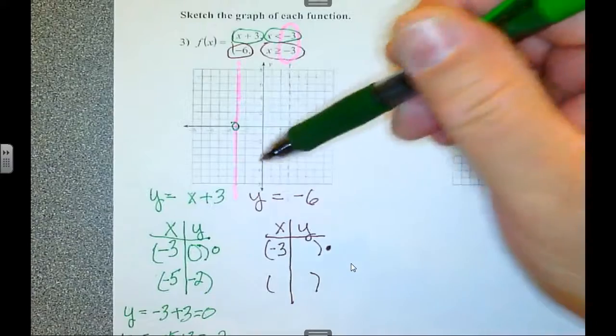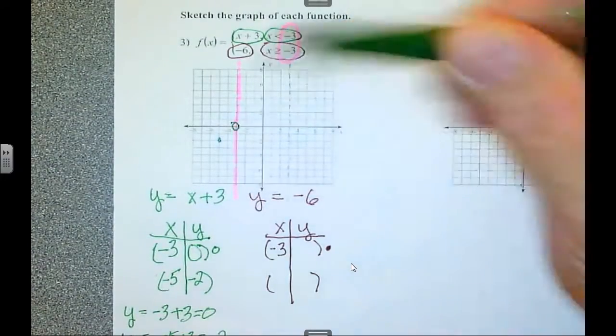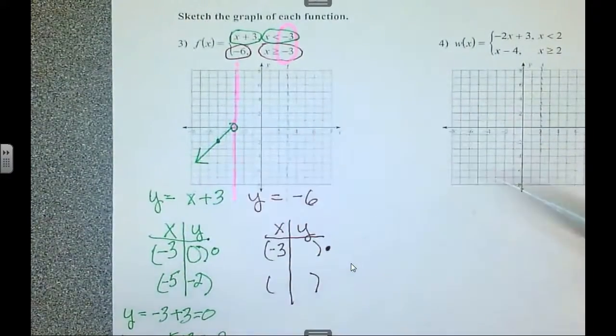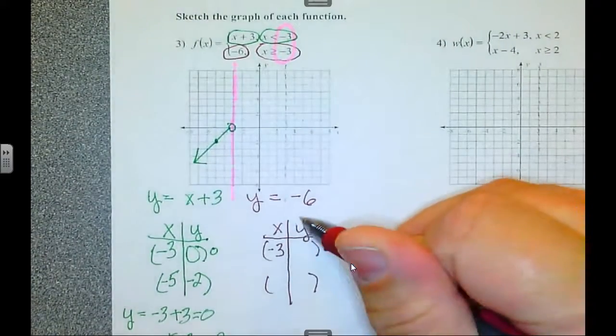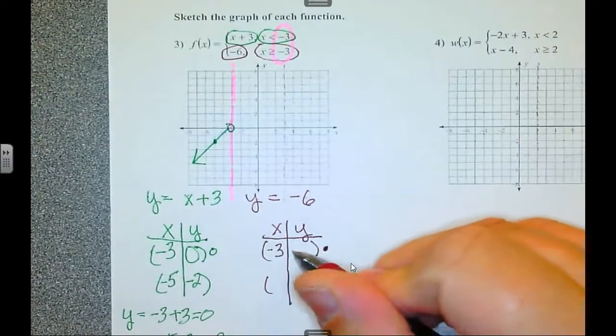Now I have another point, negative 5, negative 2. So here's my boundary line.